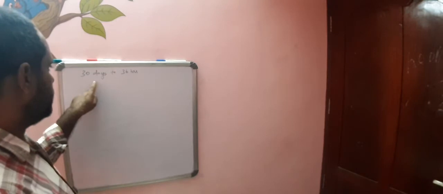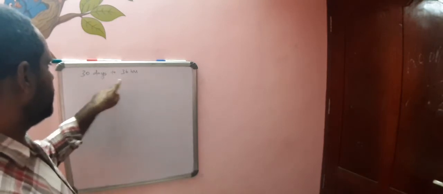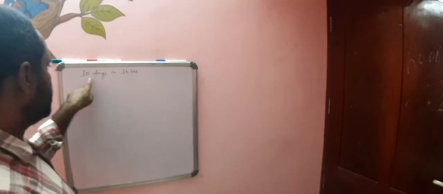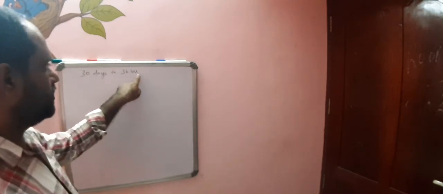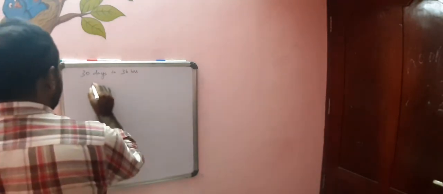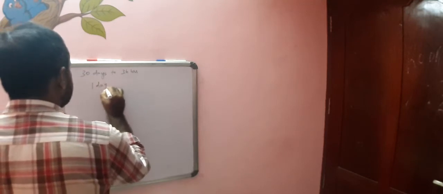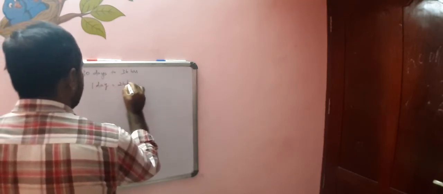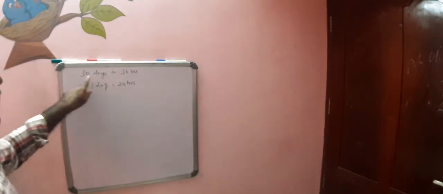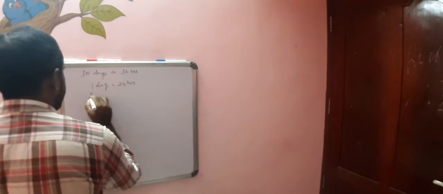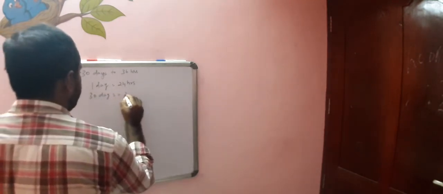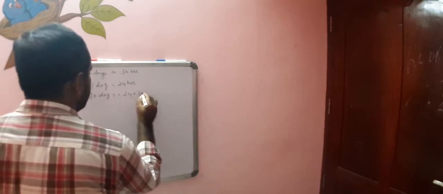So here you can see it is 36 hours. What we can do is convert these 30 days into hours, right? So how can we convert 30 days into hours? What is one day? One day is 24 hours. So what is 30 days? 24 into 30, right?